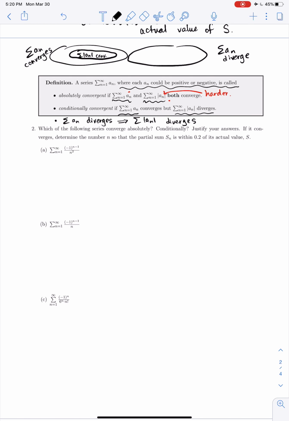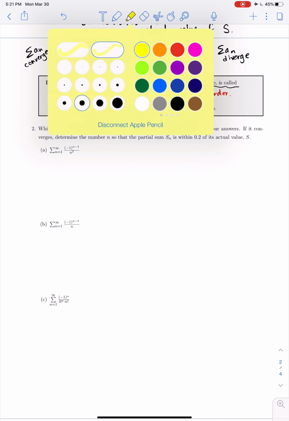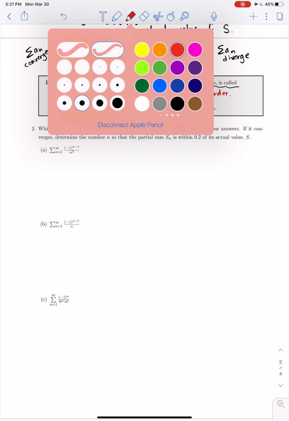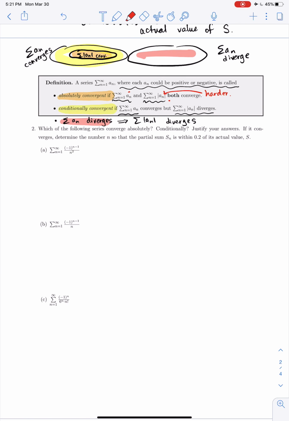Okay, so in here, that would be somebody who is absolutely convergent. If you fall inside the larger circle but not within the smaller one, you would be conditionally convergent. And if you just simply diverge, you'd be over here. So that just hopefully helps you see how these definitions relate to each other.